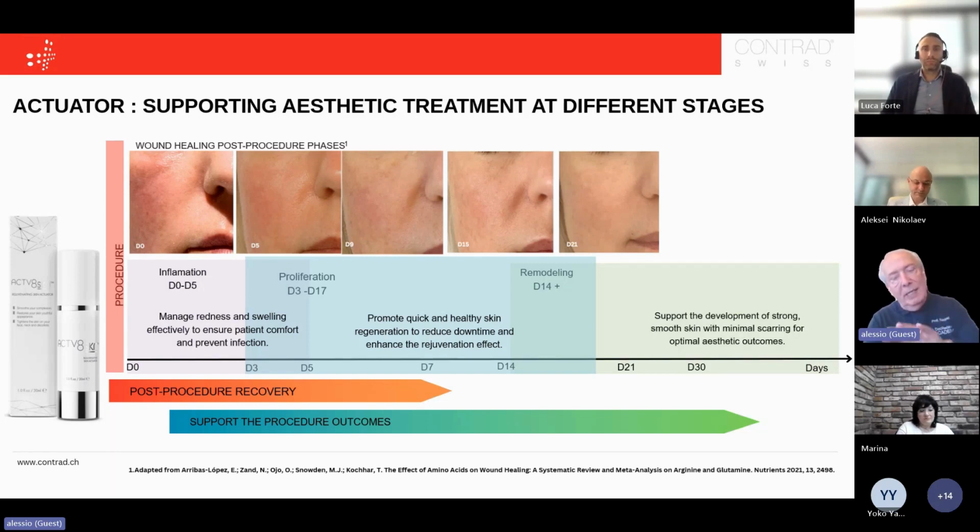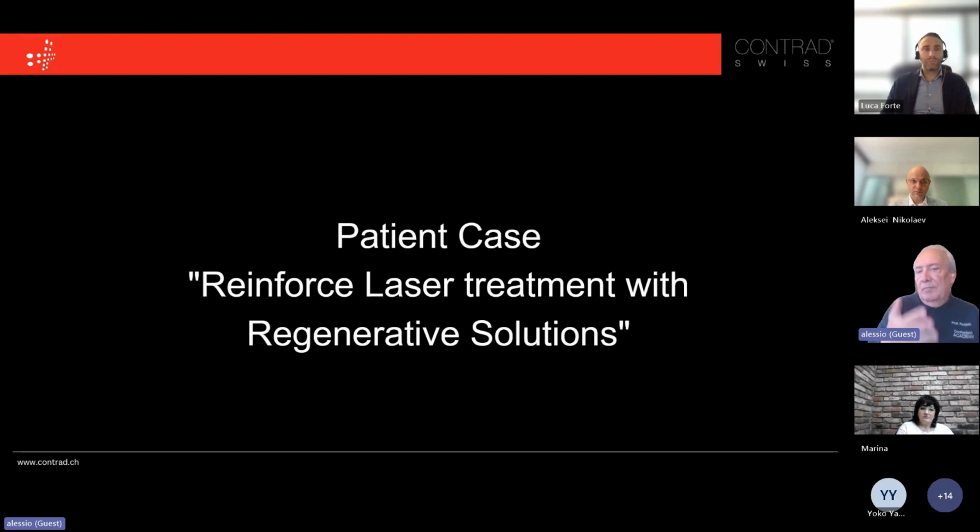And so finally, we state that if you use some particular signals that are inside the Activate Skin cream, you can improve the final result.